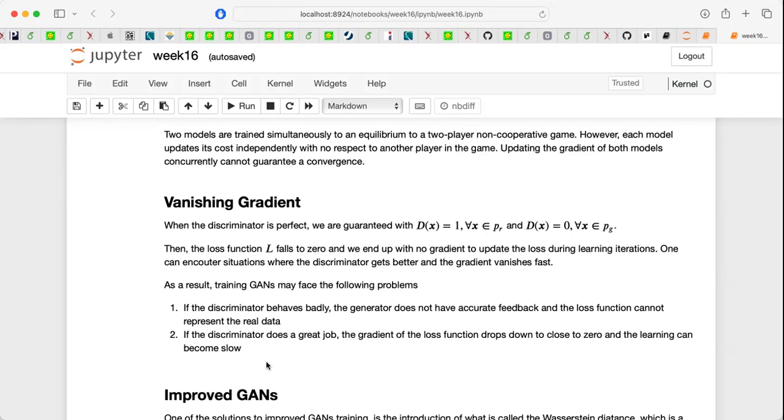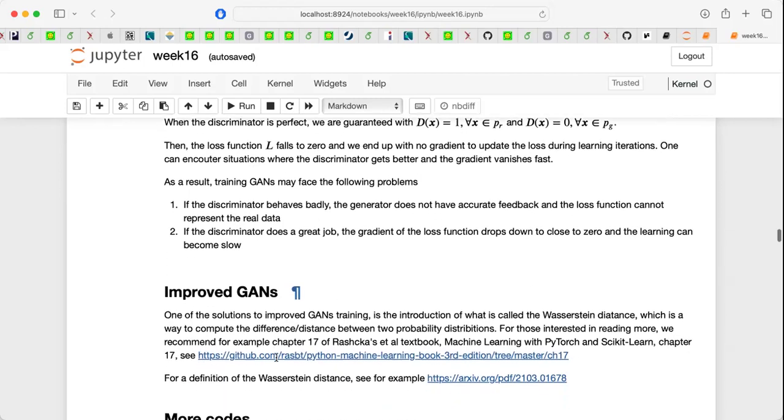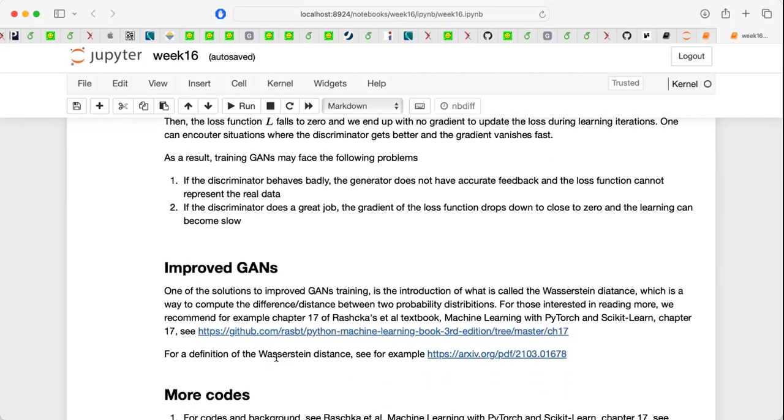From chapter 17. Now, there is a lot of debate, and you will find in chapter 17 of the textbook of Raschka improvements to the standard GANs. One of these improvements is something called the Wasserstein distance, which we will not go into details here, but I refer to the textbook of Raschka and this chapter 17, where these improvements are actually discussed.